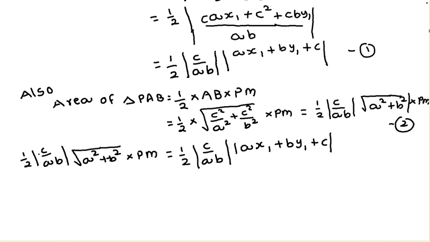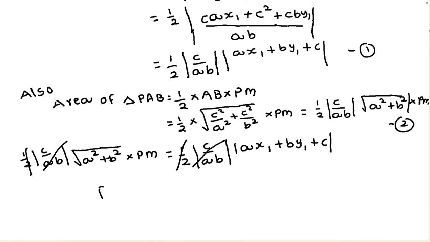Now we can observe that half is there on both sides, so we can cancel it. Mod c by ab is also there, so we can cancel it. Now we want PM, so transpose square root a square plus b square to the right side.